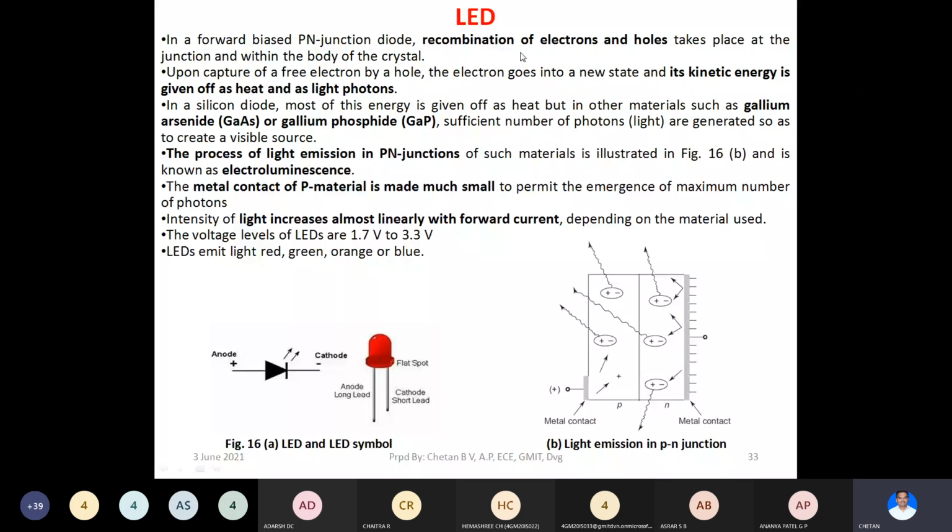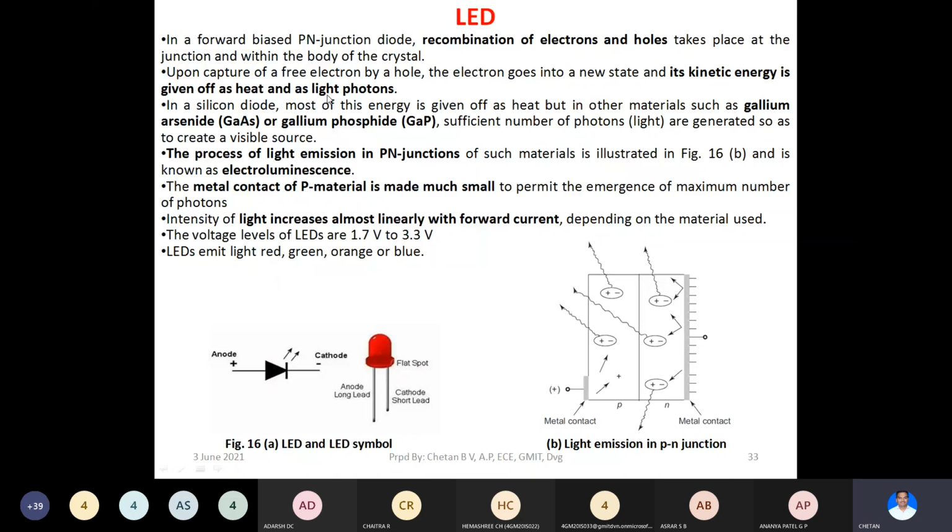You already know that whenever recombination of electrons and holes takes place, the kinetic energy of the electrons is lost. Some part of the kinetic energy will be lost in terms of heat, and a small part of the energy will be converted into a photon, so light will be emitted, a very small quantity.